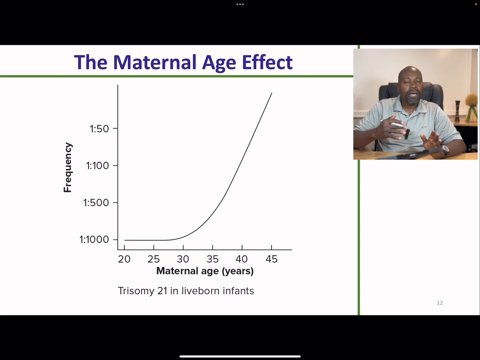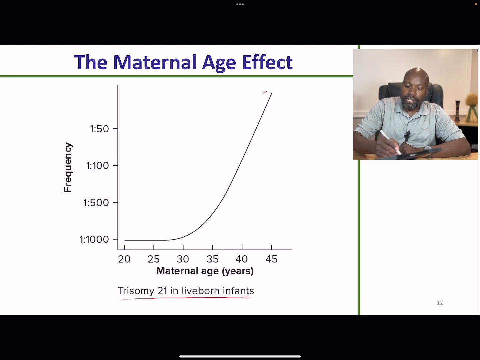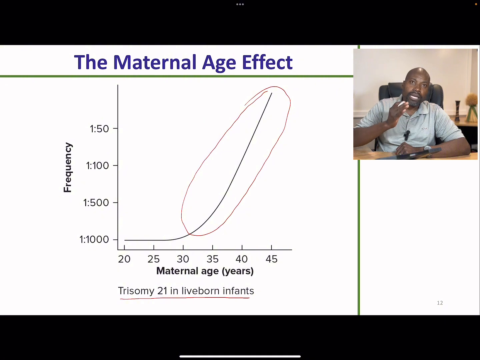All right. Now, the reason why a lot of people are doing this chromosome analysis is because, particularly in the case of a lady, as she ages, the chances of having abnormalities in the chromosomes increases. When we say abnormality in the chromosomes, we mean in the gametes, when the gametes form, right? This graph shows you that the chance of having a child with trisomy 21 increases in an exponential manner after 35 years old.